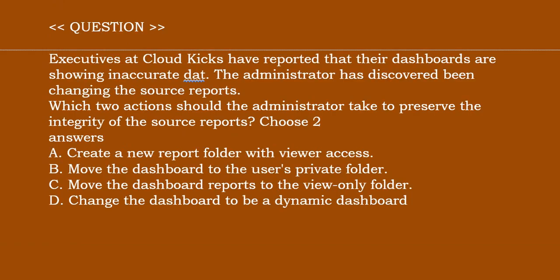Executives at CloudKicks have reported that their dashboards are showing inaccurate data. The administrator has discovered users have been changing the source reports. Which two actions should the administrator take to preserve the integrity of the source reports? Option A, create a new report folder with viewer access. Option B, move the dashboard to the user's private folder.